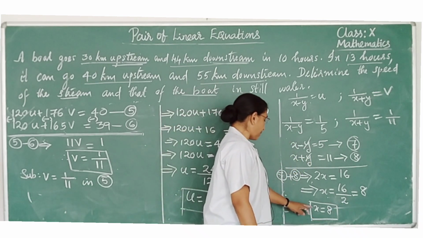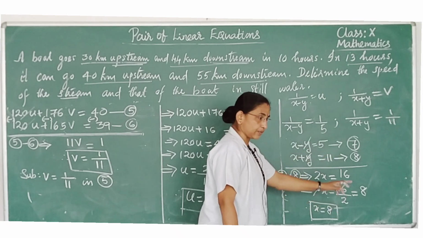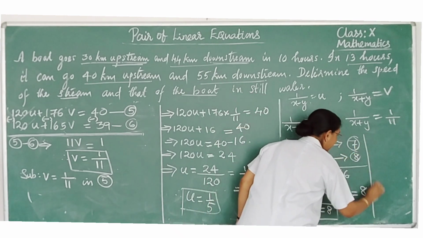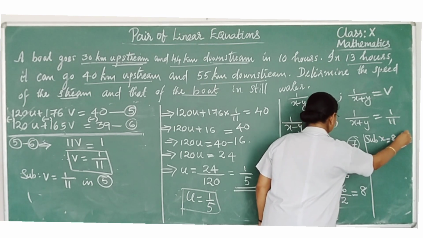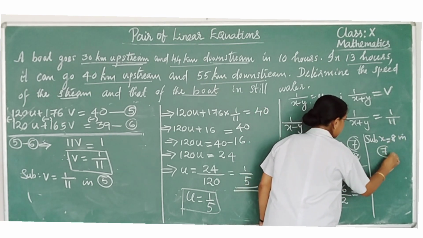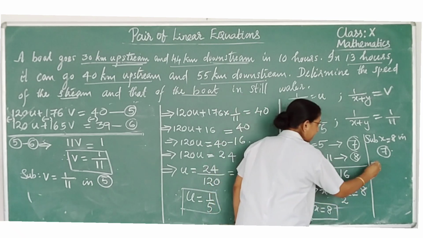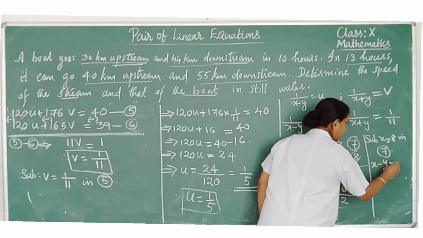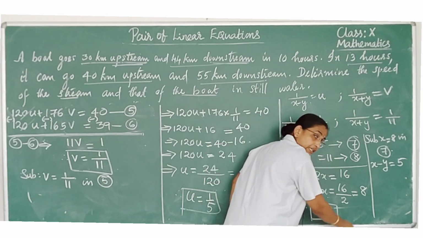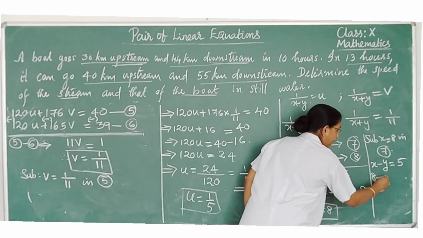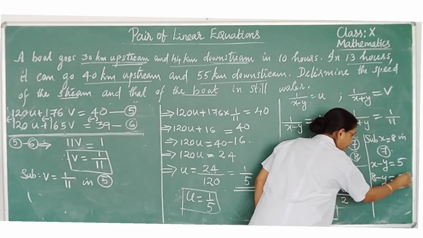Now, substitute the value of x equal to 8 in any of the equations. I am going to substitute x equals 8 in equation number 7. What is equation number 7? x minus y equal to 5. That is your equation number 7. I substitute the value of x as 8. So 8 minus y equal to 5.